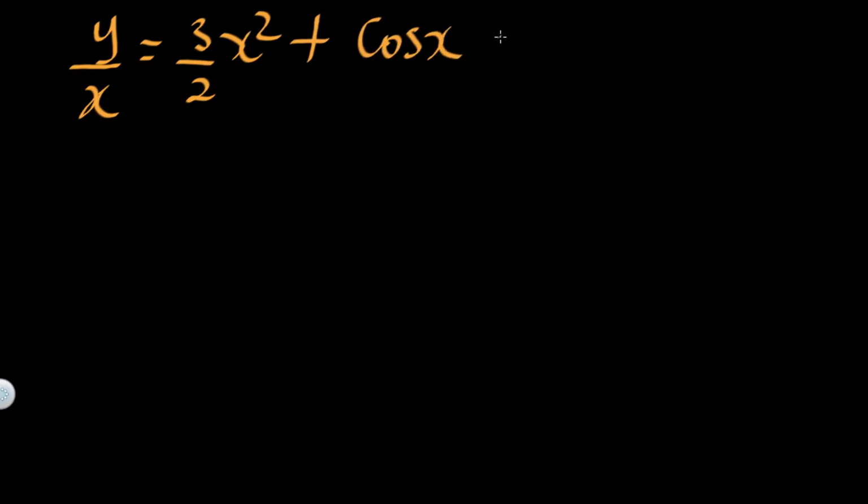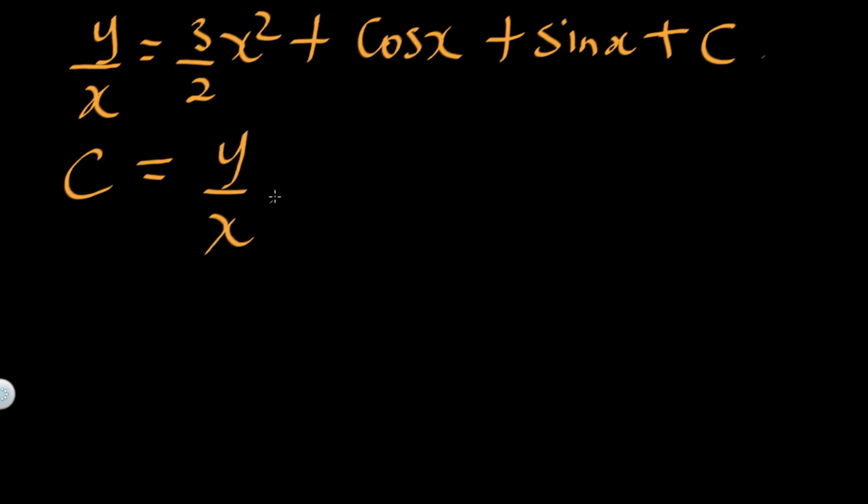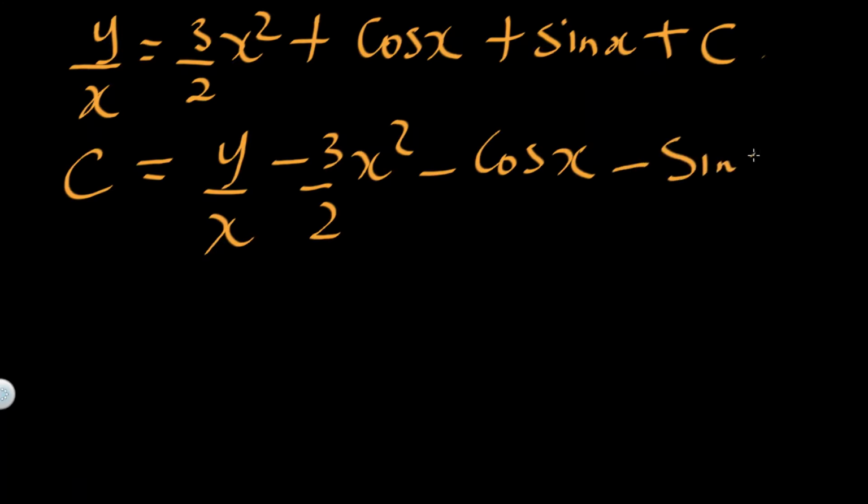If I'm looking for c, I just transpose all of these to the right hand side. So let me rewrite the solution and find our c. We have y over x equals to 3 over 2 x squared plus cos x plus sine x plus c. I'll just move all these to the left, and I get my c. It means c is equal to y over x minus 3 over 2 x squared minus cos x minus sine x.